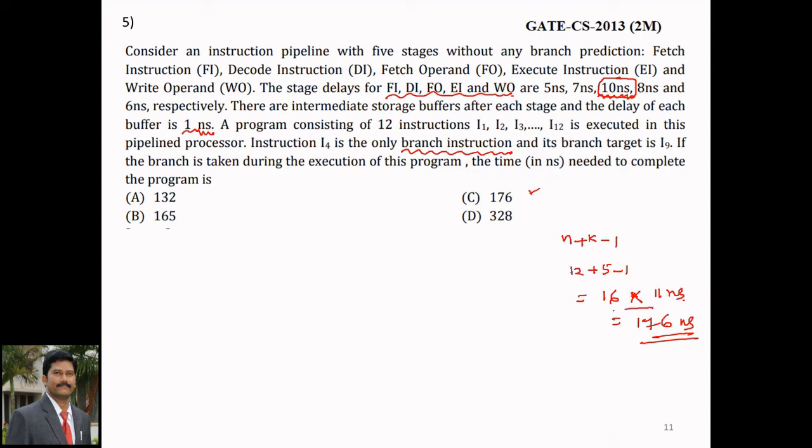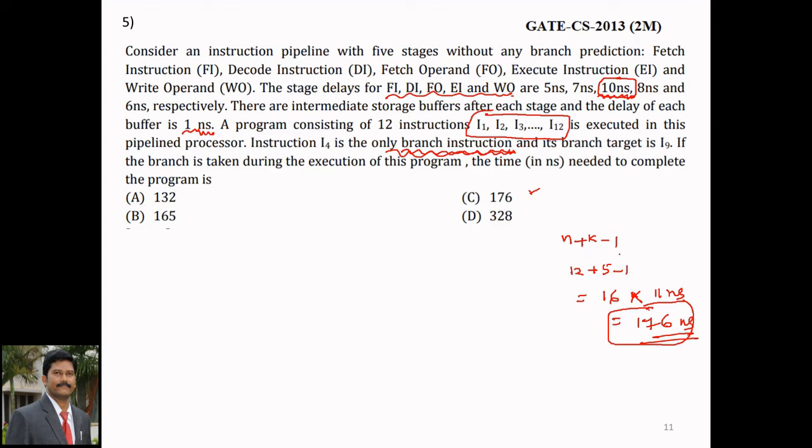This answer will also be given to confuse. But because there is a branch instruction, let us see what is the correct answer. If there is no branch instruction, then to execute these 12 instructions, how much time will it take?